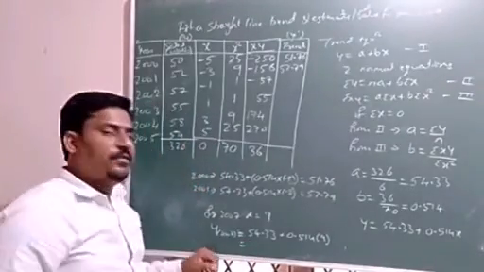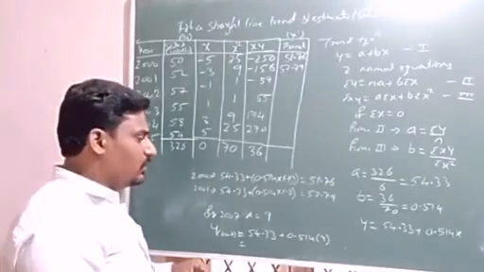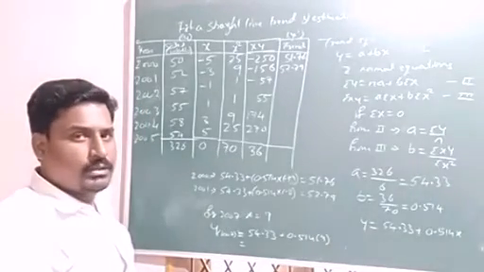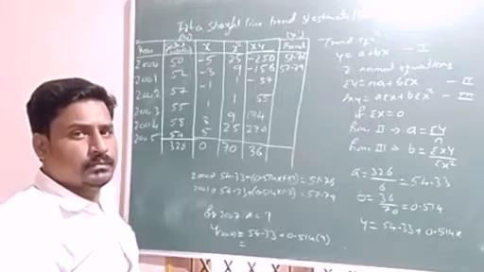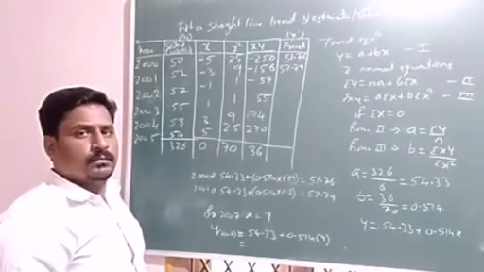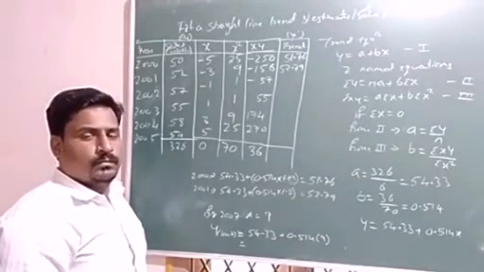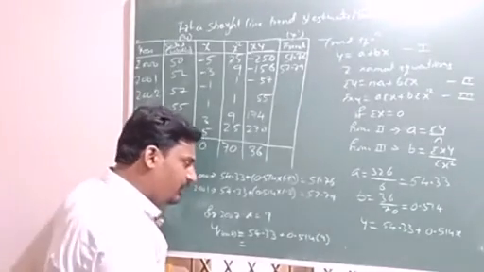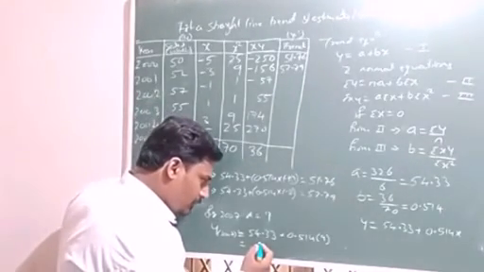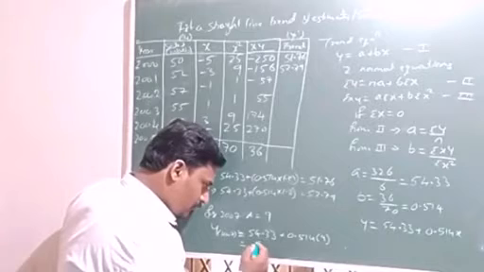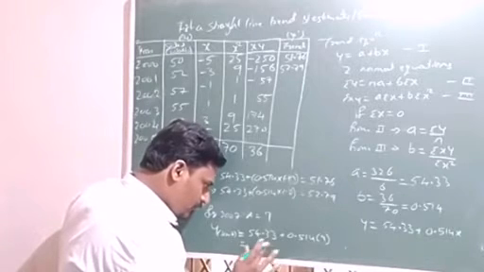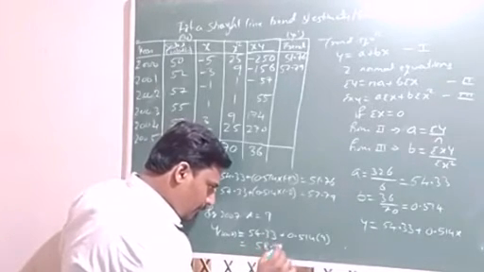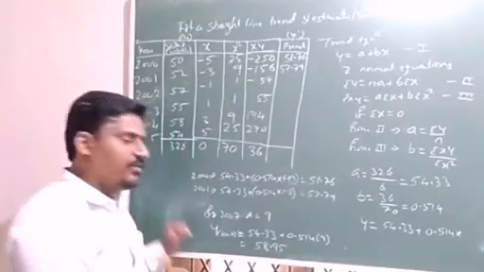So 0.514 into 9 is equal to how much? 4.626, plus 54.33 is 58.95, the trend value.